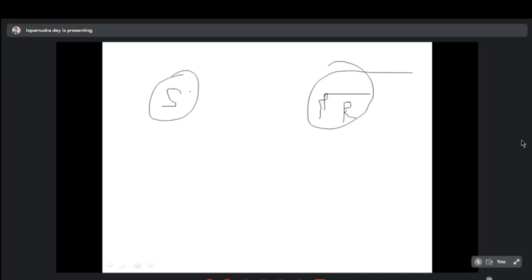Now, if the sender wants to send something, what is the sender's intention? The sender intends that particular data will be opened only by the receiver. Now, what is the concept of sender, receiver, public key, private key?